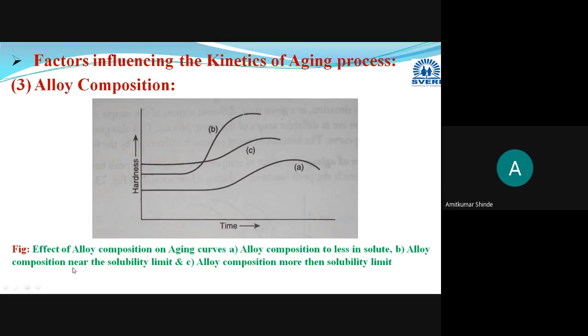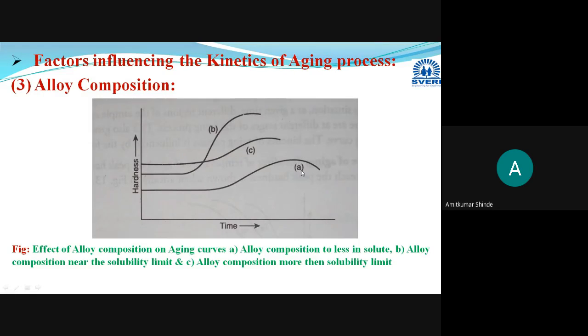Then I have taken the second sample, B, with the alloying element percentage very near to its solubility limit. And in the third composition I have taken an alloy having alloying element content more than its solubility limit.